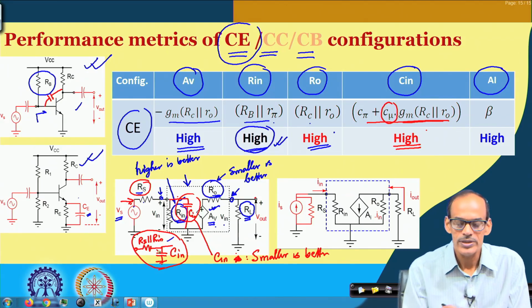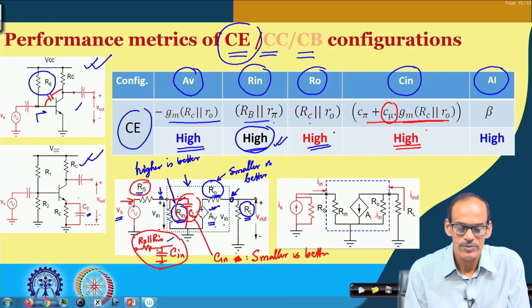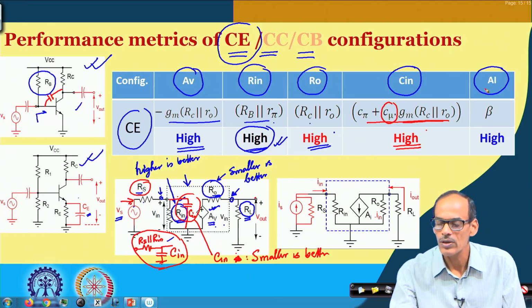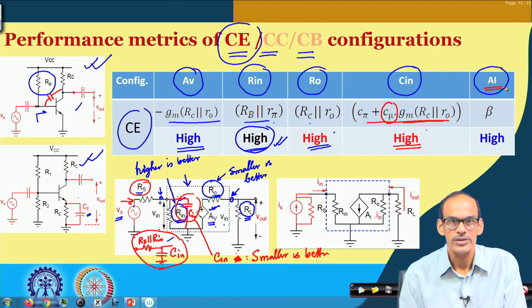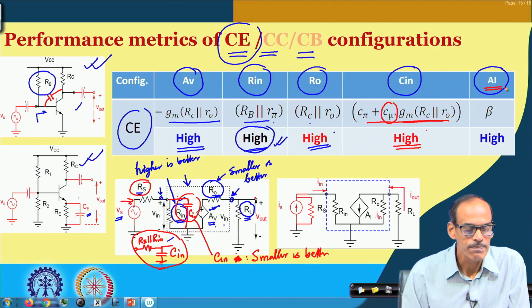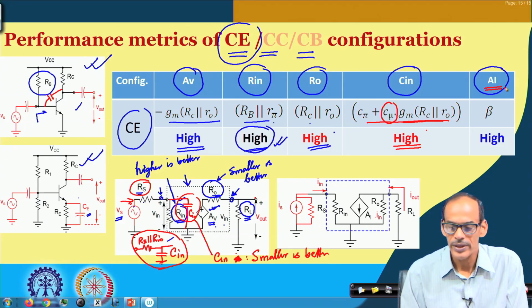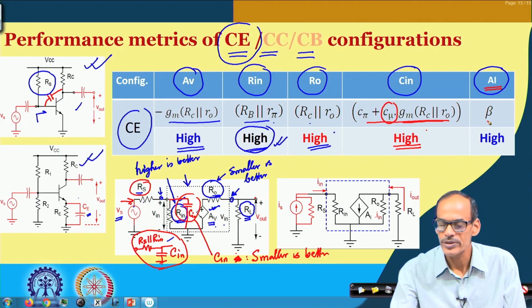Now, this configuration may be considered as a voltage amplifier or a current amplifier, and in this circuit, particularly in this CE amplifier configuration, the input to output current gain is beta of the transistor.